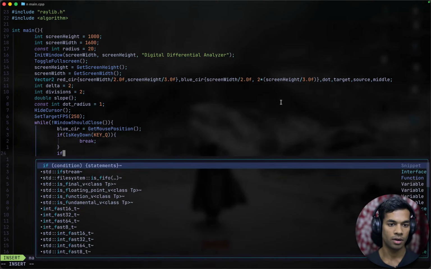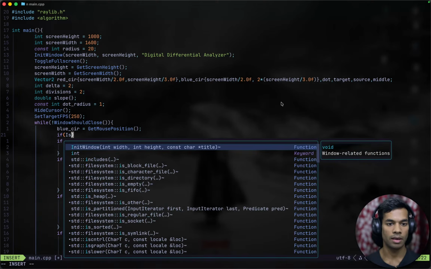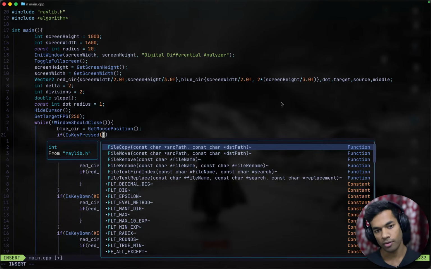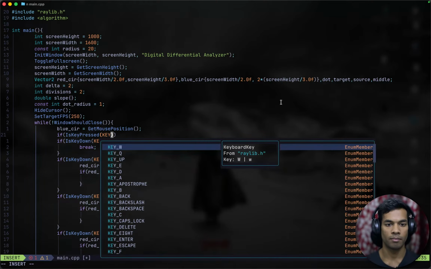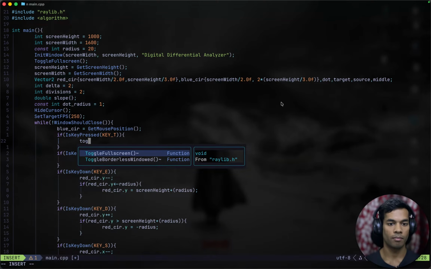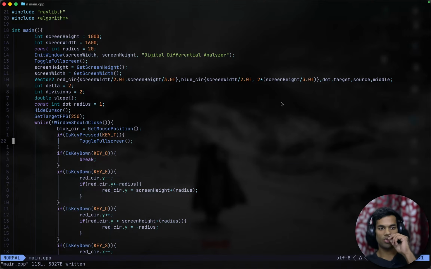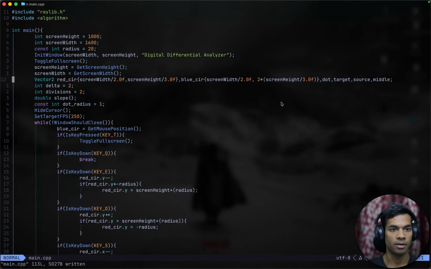Let's write if key pressed is T, then toggle full screen, and we would have to change all of these placements, which you calculate here.